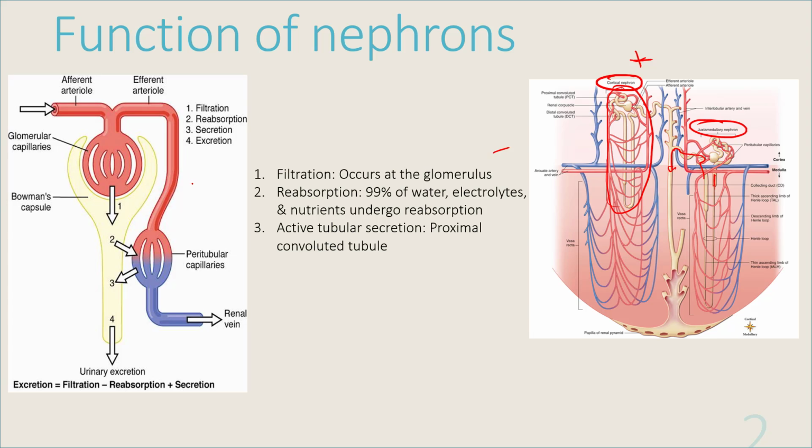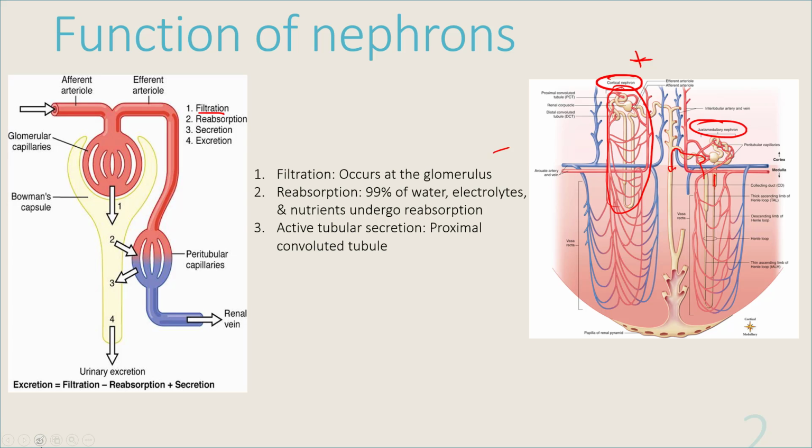The diagram on the left basically gives you the three main functions of the nephron in filtering and producing the final product of urine. The first function of the nephron is called filtration.